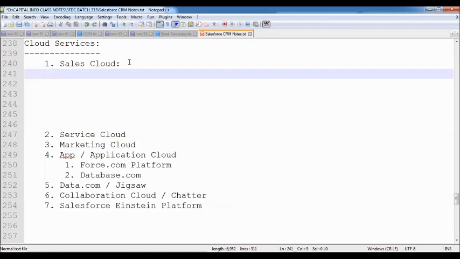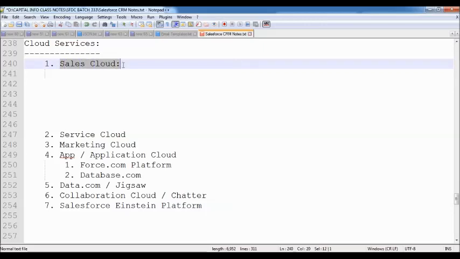That means upon selling our products or services to customers, whatever processes we follow inside our organization, we can automate all those processes with the help of Sales Cloud. By using these Sales Cloud features and functionalities, we can automate all the sales processes inside our organization.